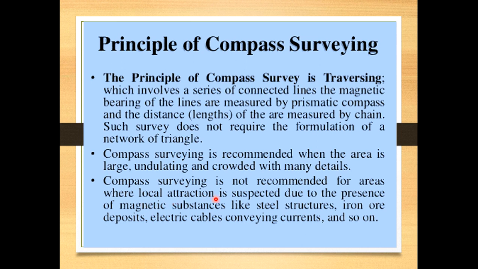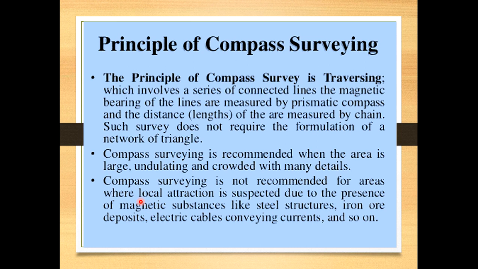So what is the meaning of local attraction? A magnetic needle is a component of the compass. A magnetic needle indicates the north direction when it is freely suspended. But if the needle comes near magnetic substances, it is found to be deflected from its true direction and does not show actual north.